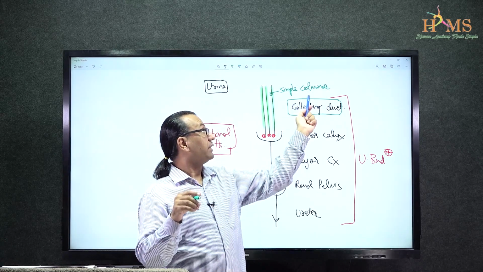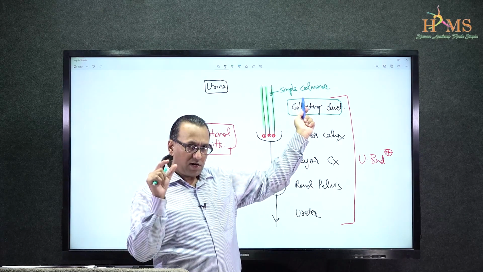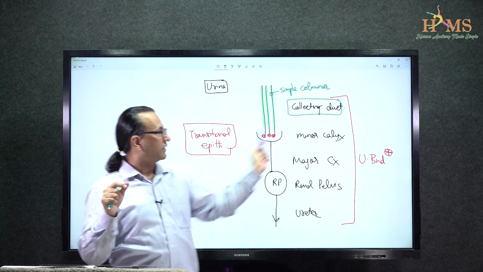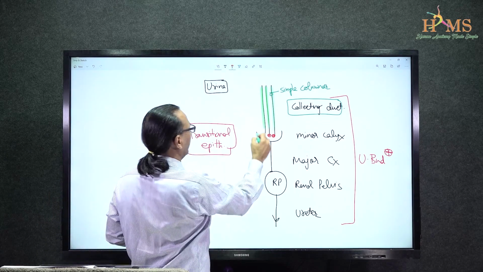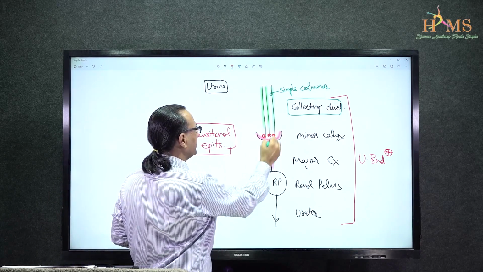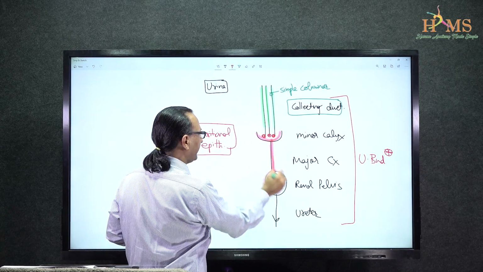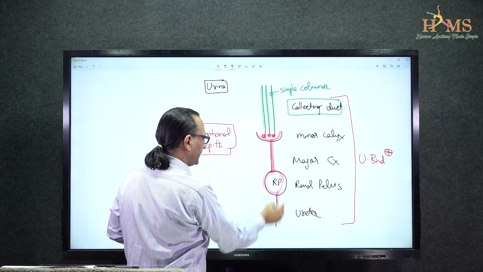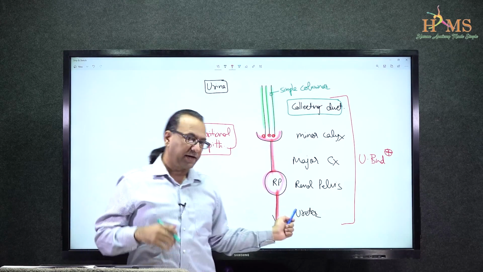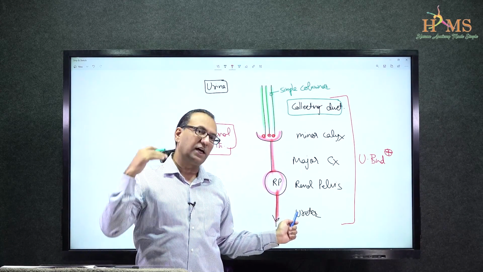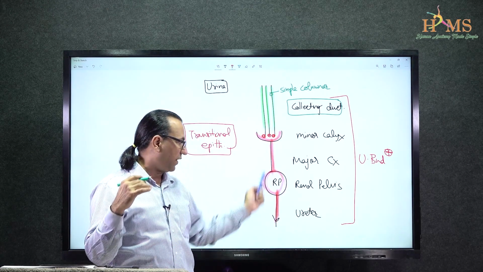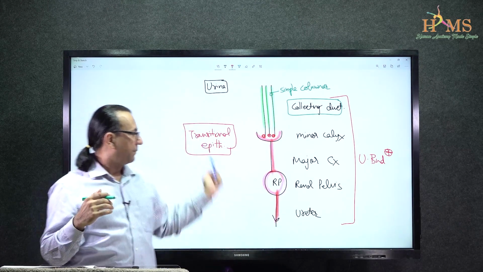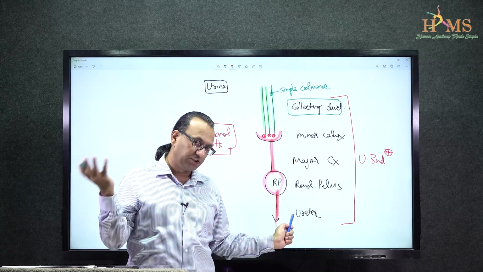It was simple columnar epithelium. Only the tip of the collecting duct will have transitional epithelium, and then the transitional epithelium lines the minor calyx, the major calyx, the renal pelvis, and ureter. It is also present in the urinary bladder and proximal urethra. Till the proximal half of the prostatic urethra, you'll find it is transitional epithelium. After that, the epithelium will change.